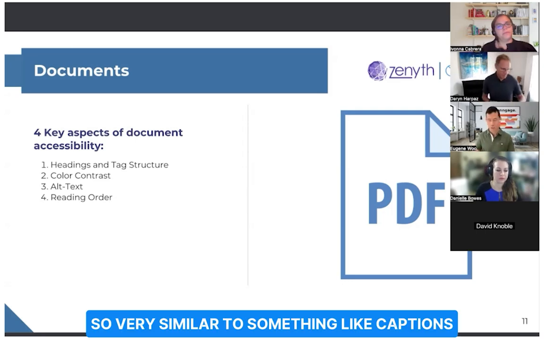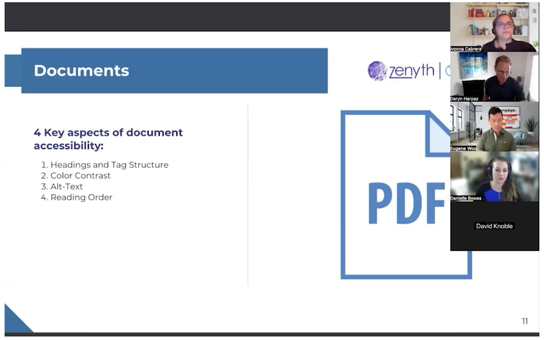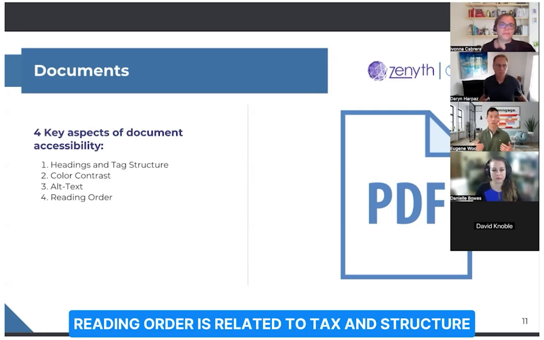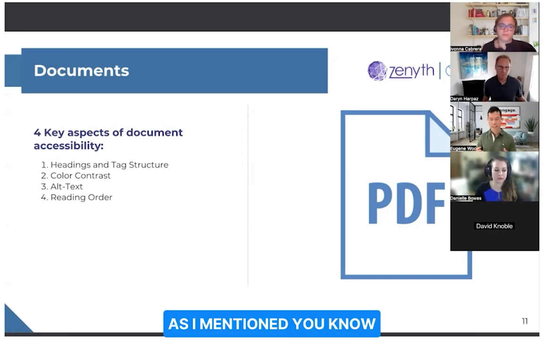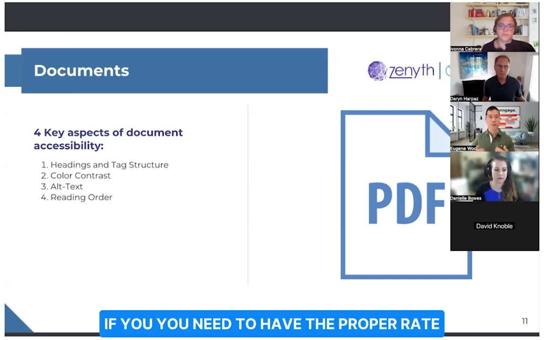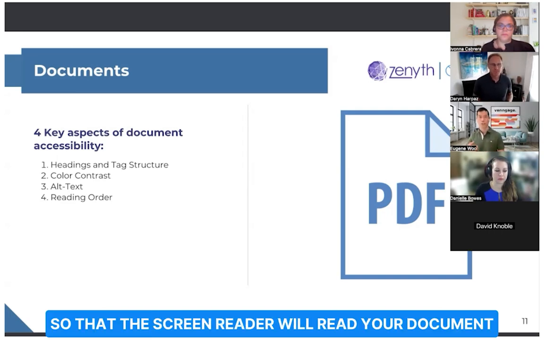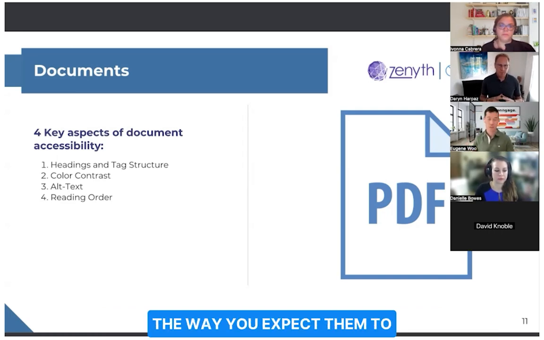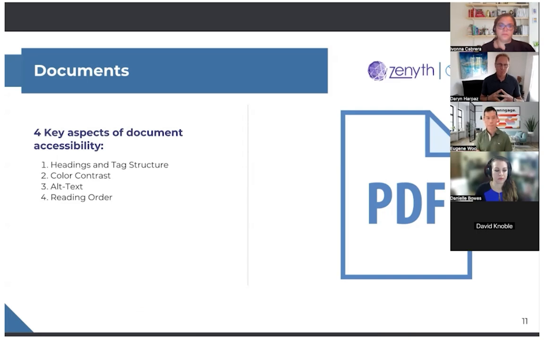So very similar to something like captions. And lastly is reading order. Reading order is related to text and structure. As I mentioned, you need to have the proper reading order so that a screen reader will read your document the way you expect any reader to read it.